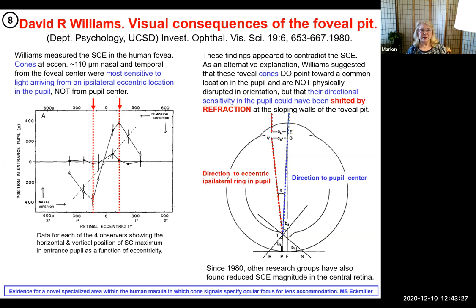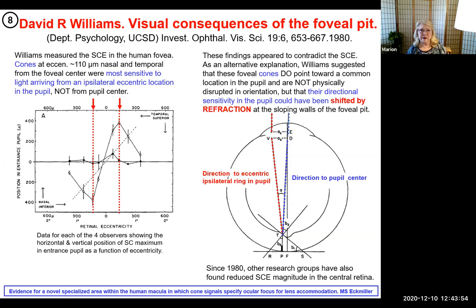However, he found that that was not happening in the fovea. Cones at this eccentricity were pointing to a different direction, and cones on the other side of the fovea at the same distance from it were likewise pointing away from the center of the pupil. And this was very unexpected. These findings appeared to contradict the Stiles-Crawford effect.